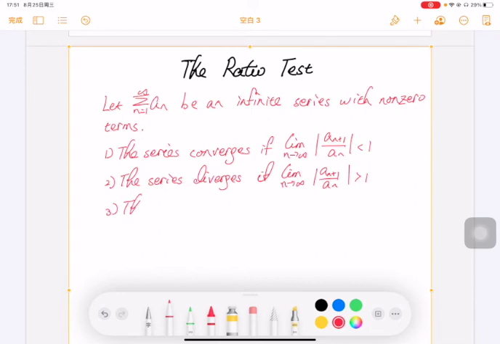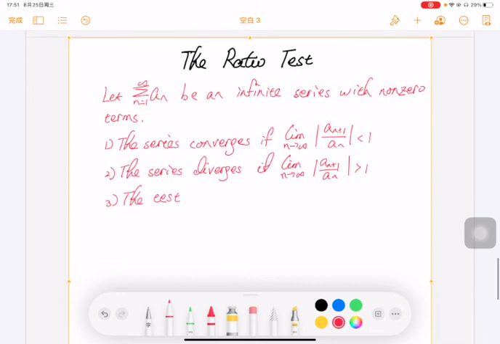And if the absolute value equals 1, it means the test is inconclusive. So it doesn't tell you anything. You have to use another method to determine the convergence. Next, let's go through two practice problems together.